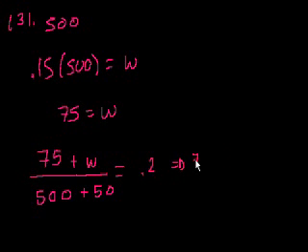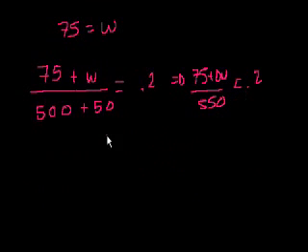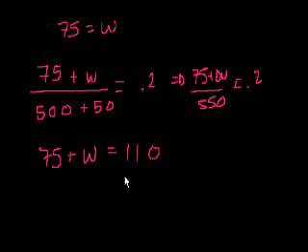So we get 75 plus W over 550 is equal to 0.2. So 75 plus the number of women that need to be added is equal to 0.2 times 550. We multiply both sides by 550. That equals 110.